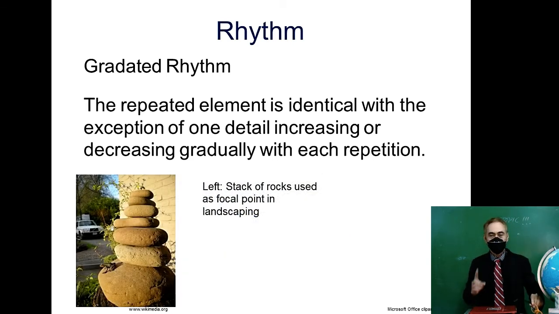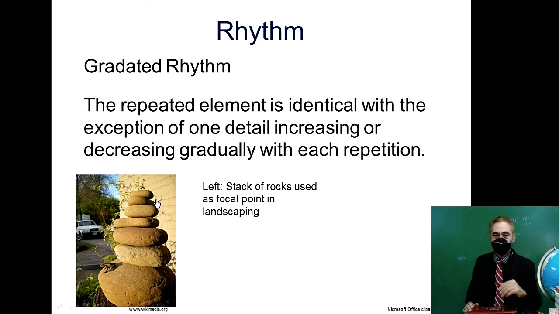Gradated rhythm. The repeated element is identical with the exception of one detail, increasing or decreasing gradually with its repetition. So this is an example of a decreasing element on its repetition. From the bottom it is large and becoming smaller on top.